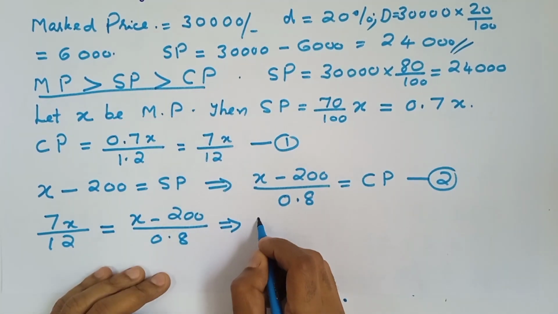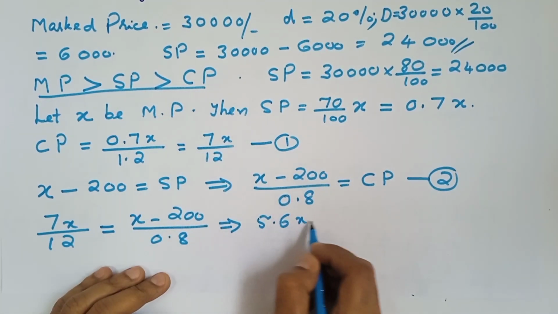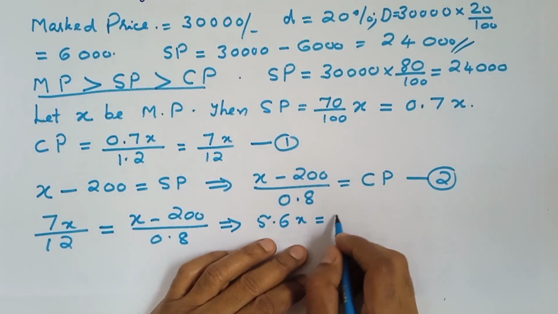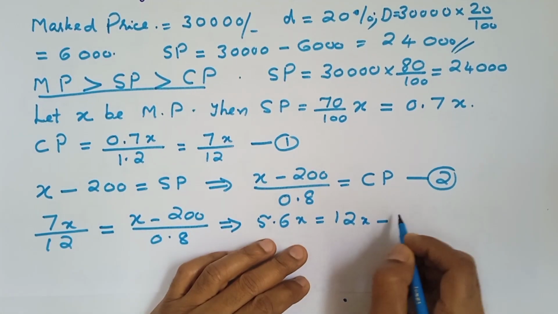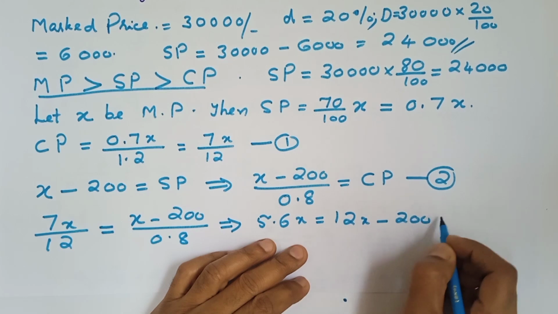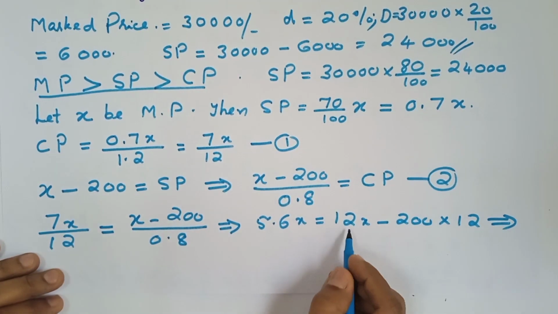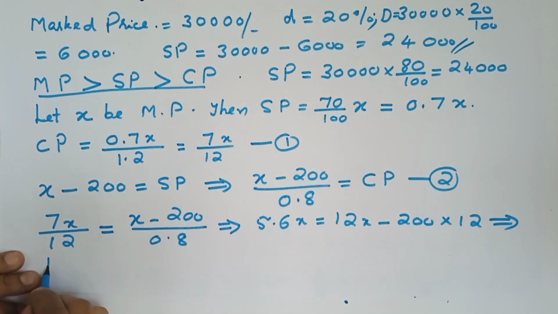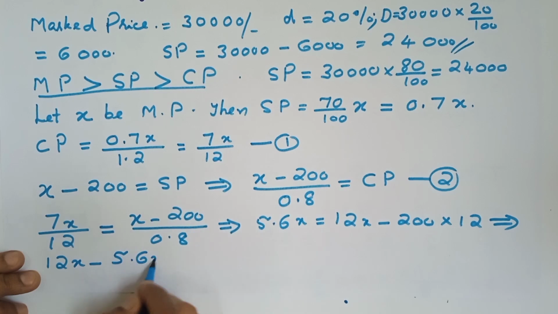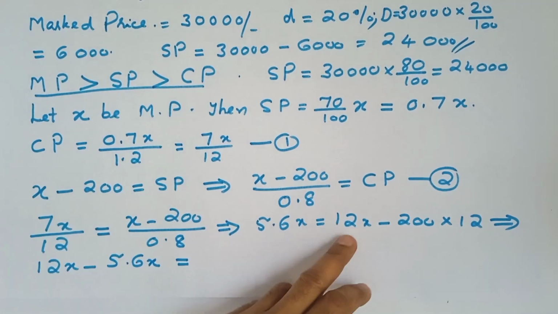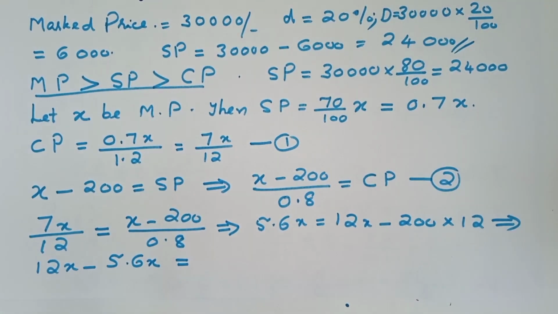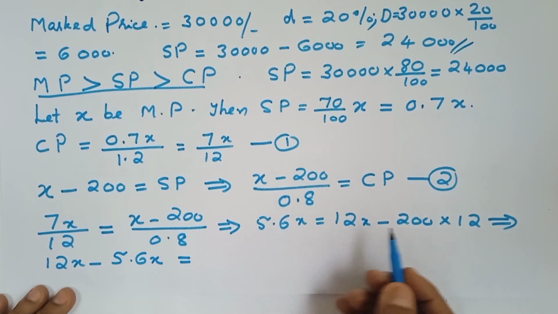Cross multiply. That implies, yeah. So you will have, I'm writing variables on the left side just for convenience. I'm taking this to the other side actually.